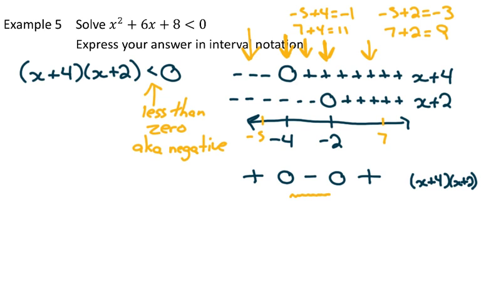So unlike last time, where we had 2 sections that we needed to concern ourselves with, now we only have 1. That 1 section is bordered on the low side by -4 and on the high side by -2. Those are the 2 numbers that define our interval. And they are both going to get rounded brackets because that inequality had no equal to line with it.